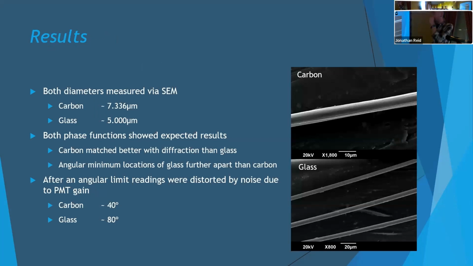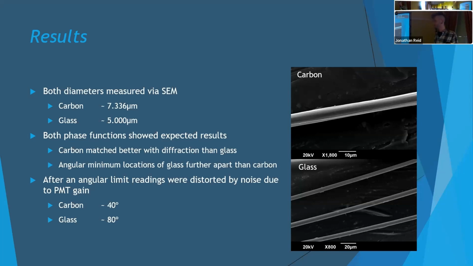What I got from the SEM was the carbon being about 7.3 microns, the glass being about 5 microns. And both the phase functions showed expected results. The carbon matched really well with diffraction, as you'd expect, because it's got a really high imaginary refractive index.